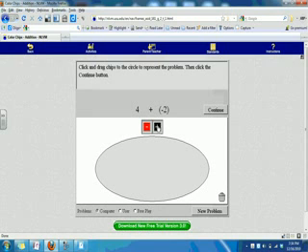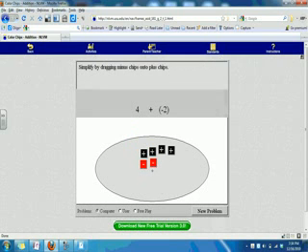Let's take a look at another example. 4 positives, so 1, 2, 3, 4 positives, plus 2 negatives, 1, 2. And I'm going to press continue this time. And now it's going to allow me to simplify. So we're going to combine a positive and a negative.